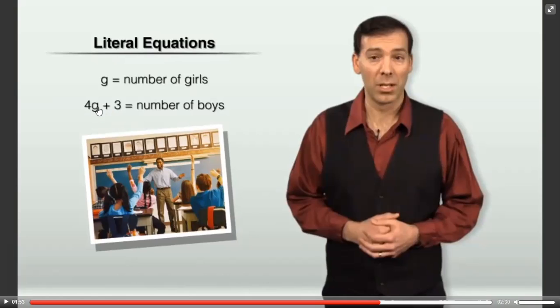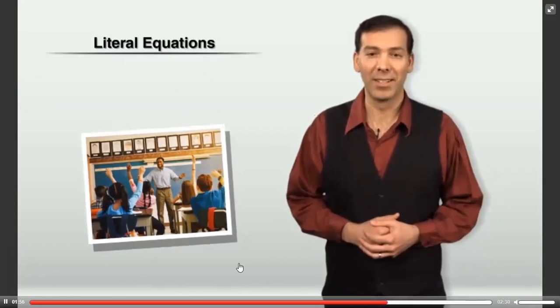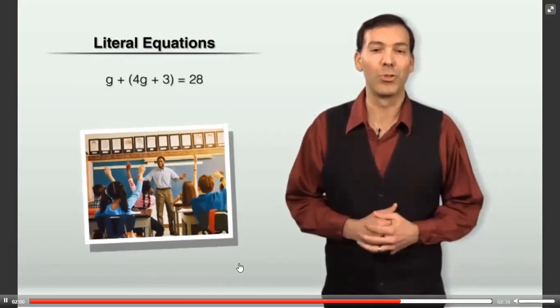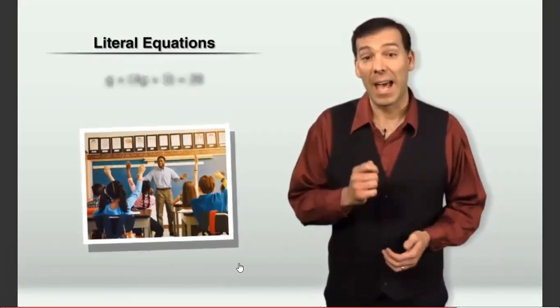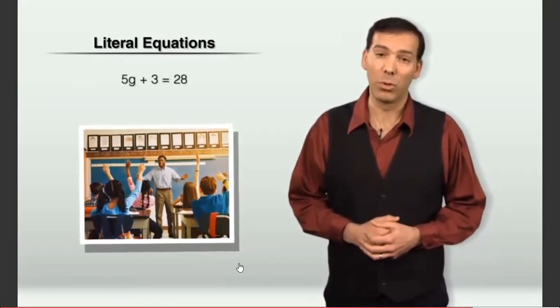There are 4 times as many girls plus 3 that will give you the number of boys in the classroom. Plus 3 equals the number of boys. Finally, the number of girls plus the number of boys equals 28. Add like terms. 5 times G plus 3 equals 28.